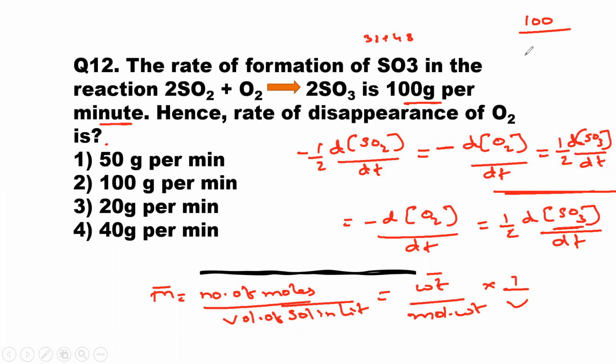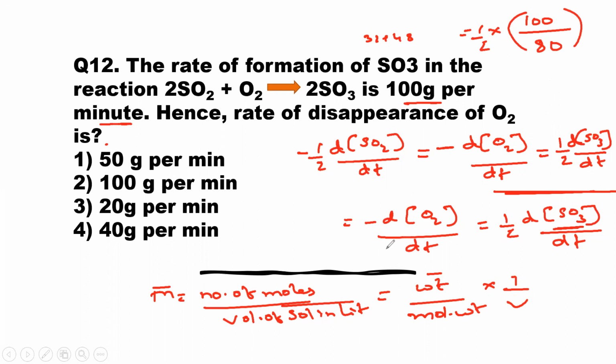So 100 by 80. Volume anyway we have not been given. So molarity is proportional to 100 by 80. That is the concentration of sulfur trioxide by dt. We multiply with 1 by 2, which is equal to the d[O2]/dt. What is the value of oxygen here?